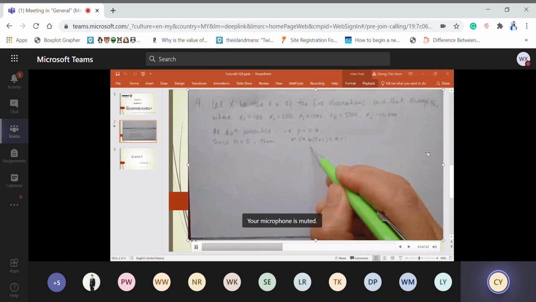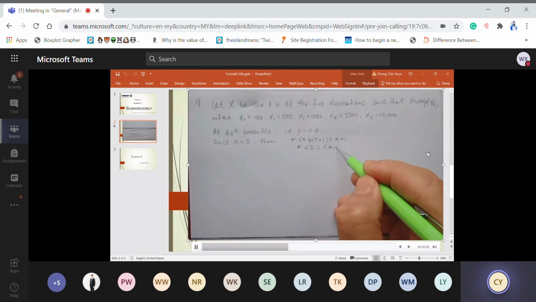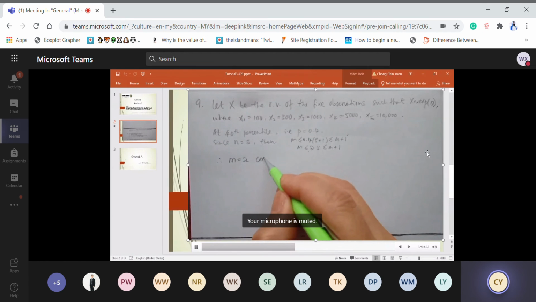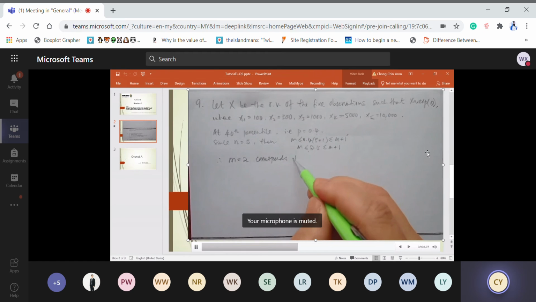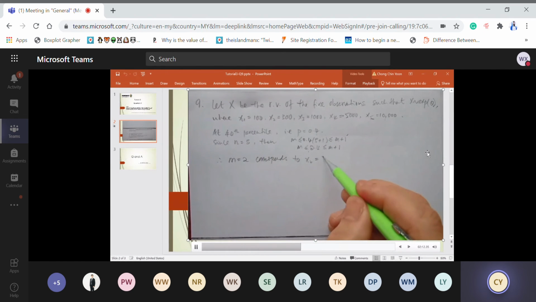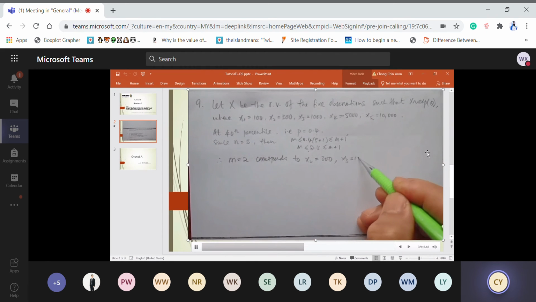This will give 2.4, which is bounded between m and m plus 1. Therefore, m is 2. That corresponds to x2, which is 300, and x3, which is 1000.